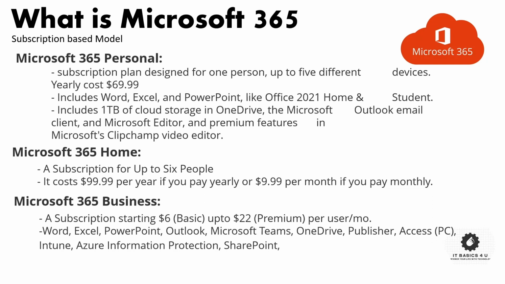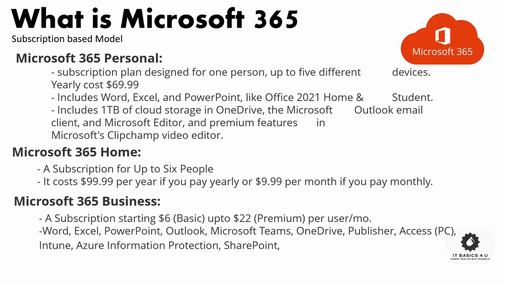And then business is more for organizations. There are multiple variants of the business license. The minimal subscription pricing starts at $6, which is pretty basic, and then it can go to the premium version, which is $22 per user per month. And there are a lot of applications beyond what you get in personal and home version.